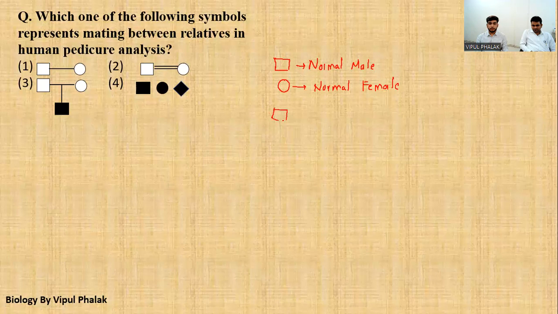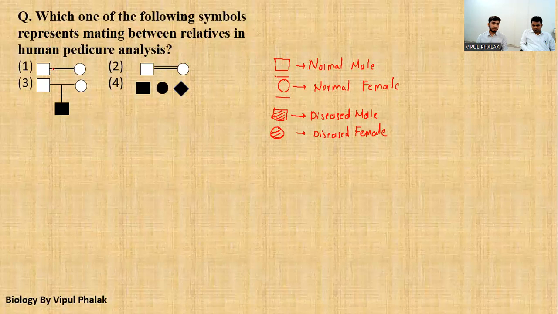Shaded square represents deceased or abnormal male. And shaded circle represents the affected or deceased female. Carriers are also shown by these symbols.